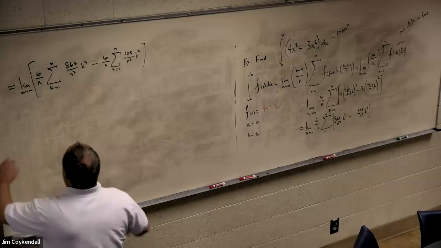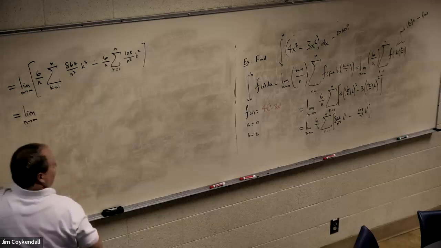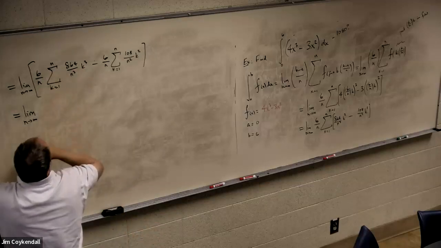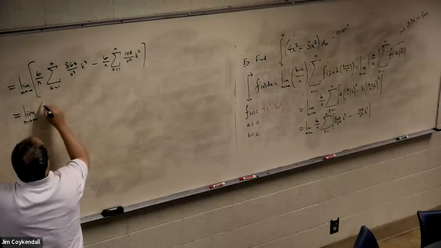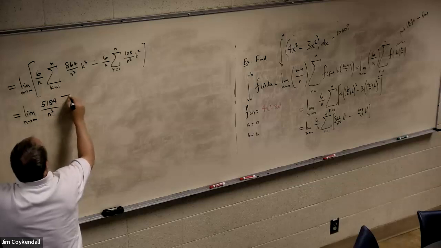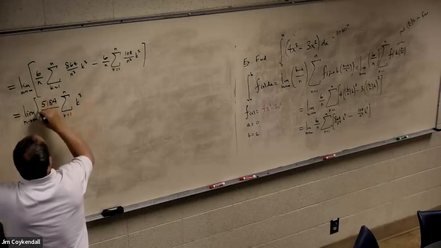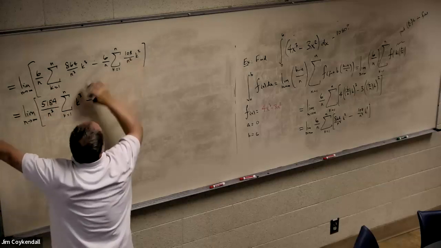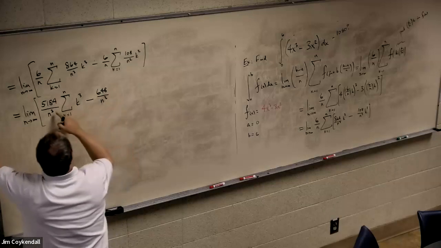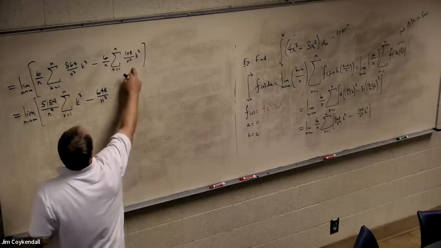Okay, well, this is a bit of a mess, but then the limit as n goes to infinity. I'm going to do these separately. I'm going to pull this 864 out, so that's 5184 over n cubed. Minus, pull that 108 out, and 648 over n cubed. Oh, I'm sorry. That should be 3 and 1 is 4. 2 and 1 is 3.